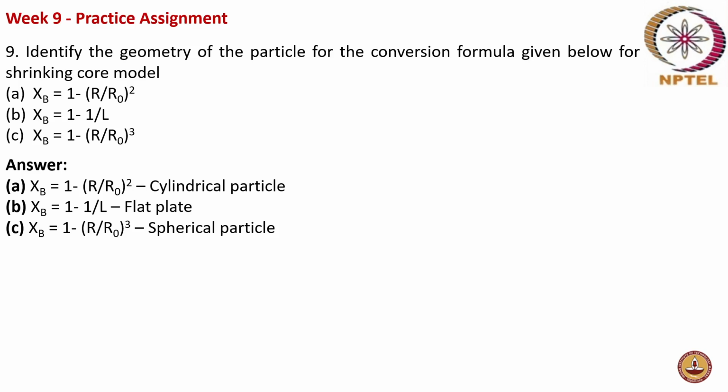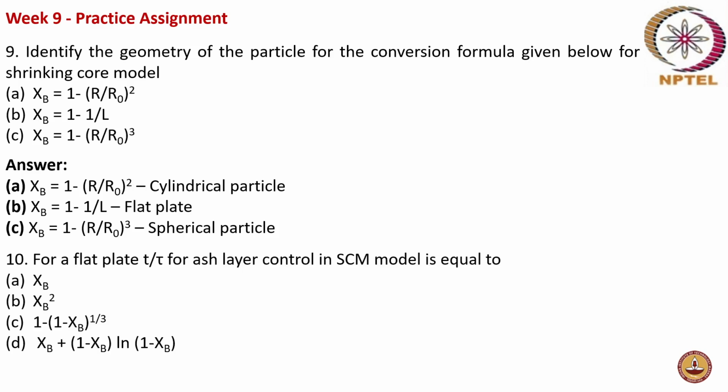Okay. The last question for the session is, for a flat plate, t by tau for ash layer control in shrinking core model is equal to, is it equal to xb, or xb square, or 1 minus 1 minus xb the whole power 1 by 3, or xb plus 1 minus xb into ln of 1 minus xb?